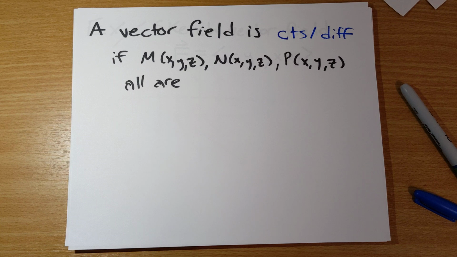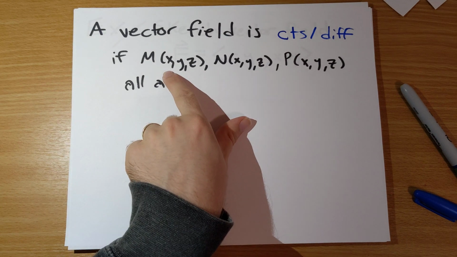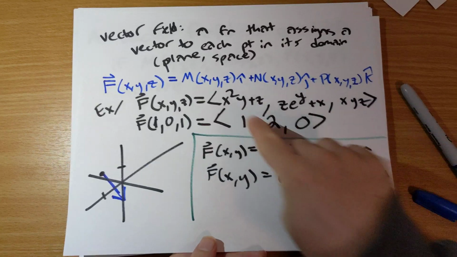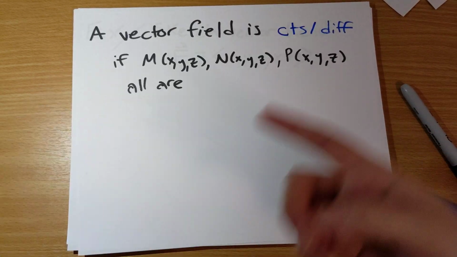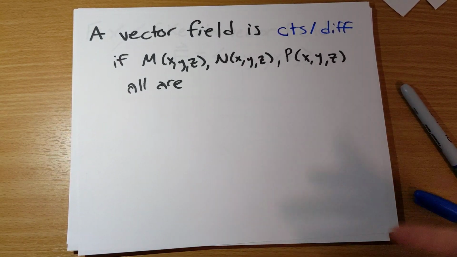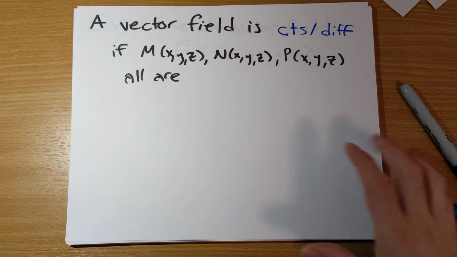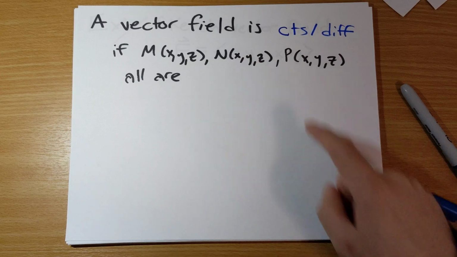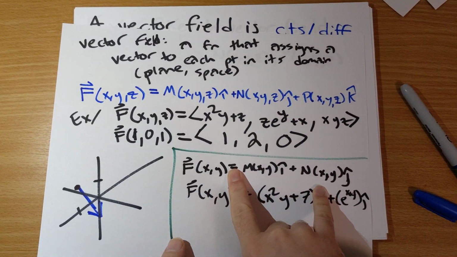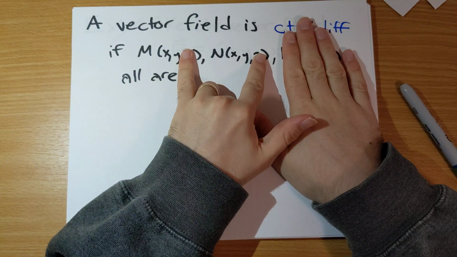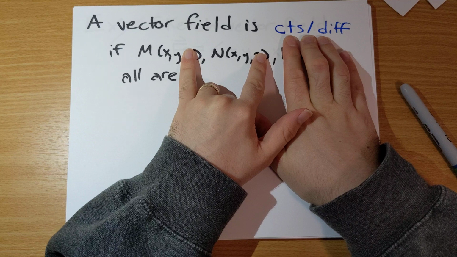We define a vector field to be continuous or differentiable if the underlying functions, the component functions here, are all continuous or all differentiable. So we'll just refer back to previous definitions for that. I'm writing this out for a 3D vector field. Of course, if we were working with a vector field in the plane, you get rid of the z components. Those would be our definitions there.